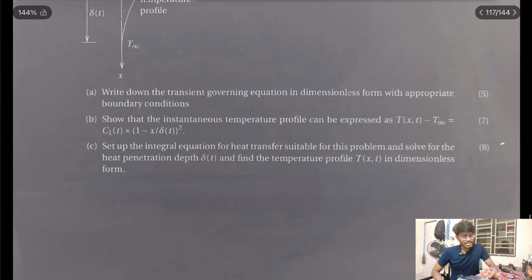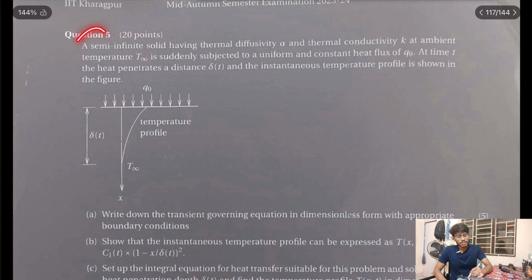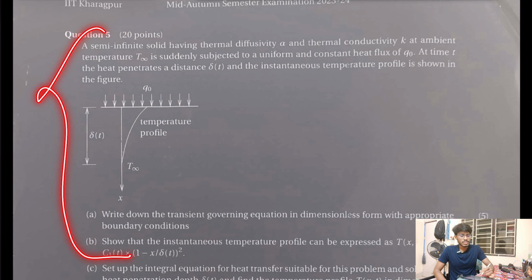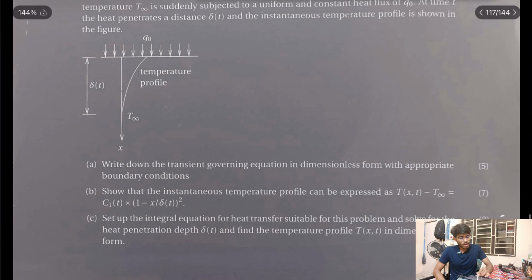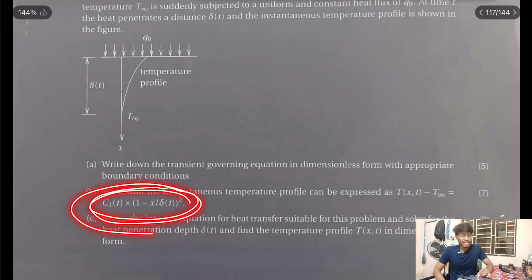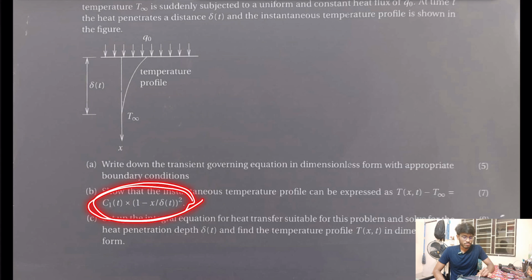If I get time, I will solve this problem also, but this is your homework. The only difference is that you are told to assume a quadratic form, not a cubic form.